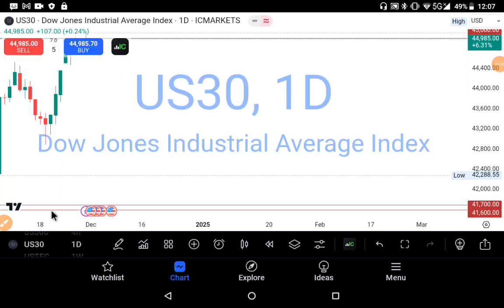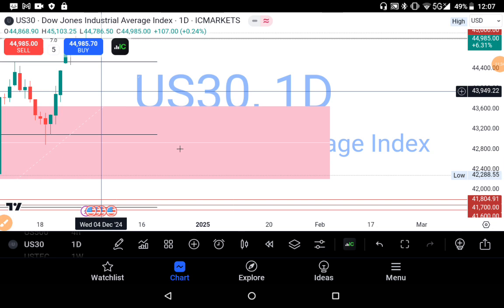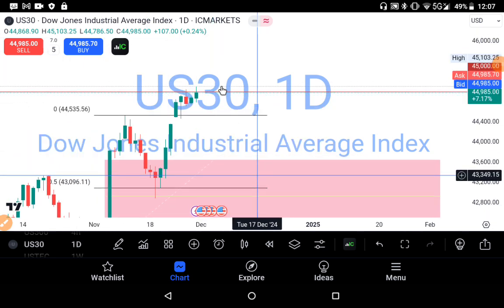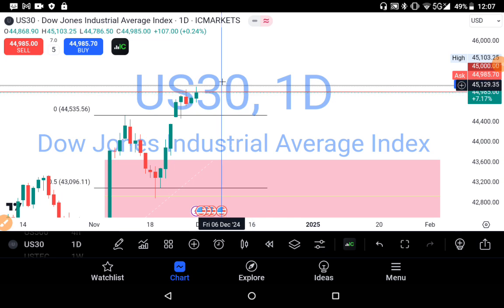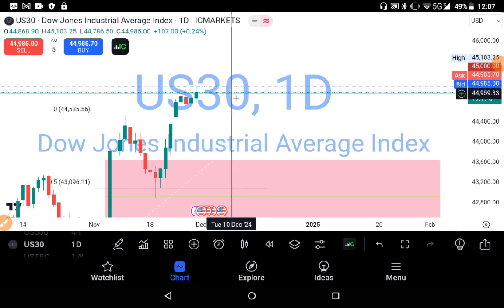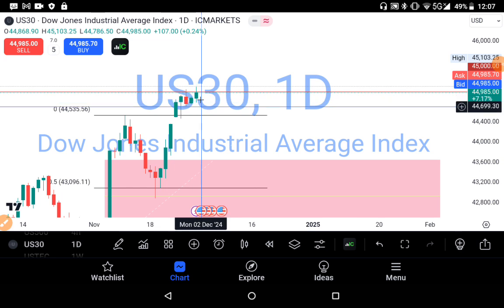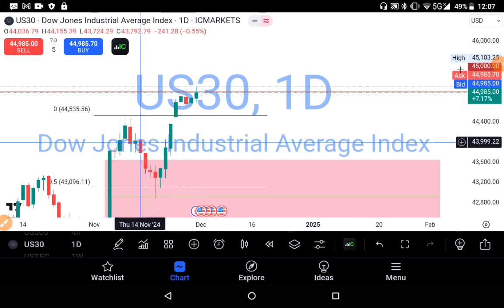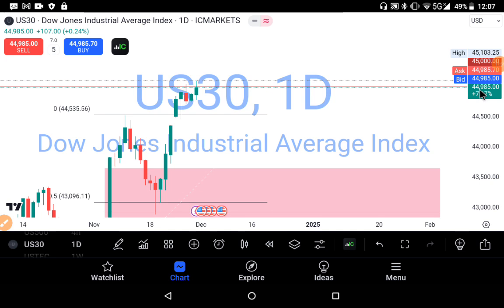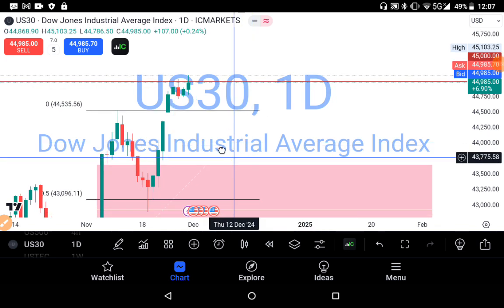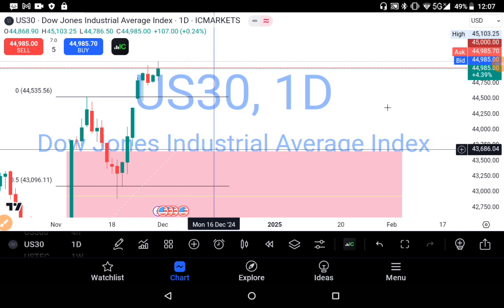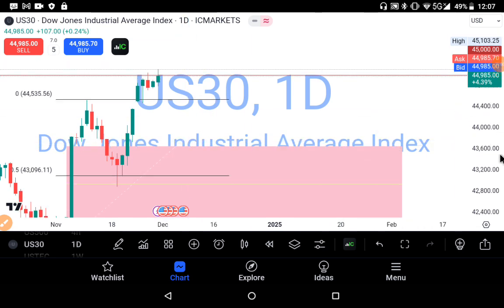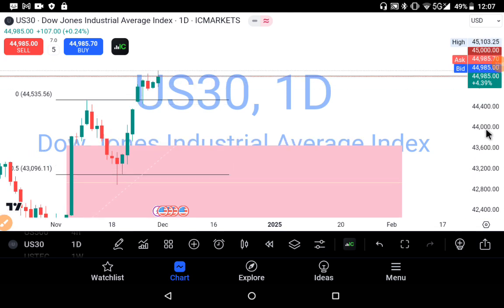That is the point I was interested in. 45,000 has been gravitated to and has been taken. But what am I watching the coming week? I'll see if we could deliver 46,000.